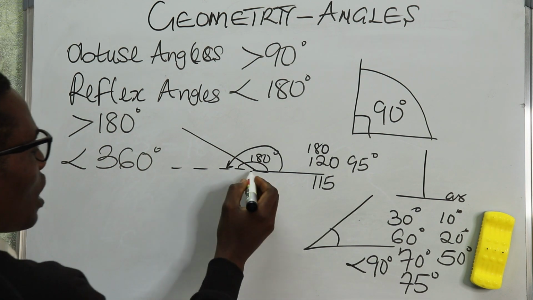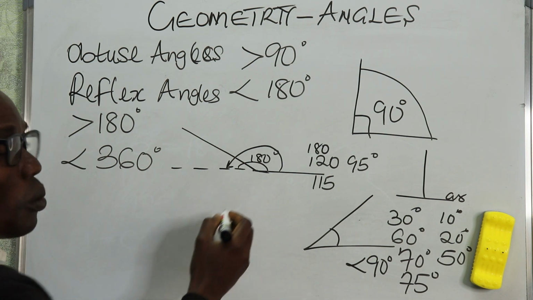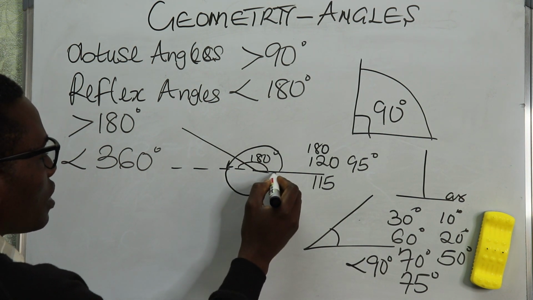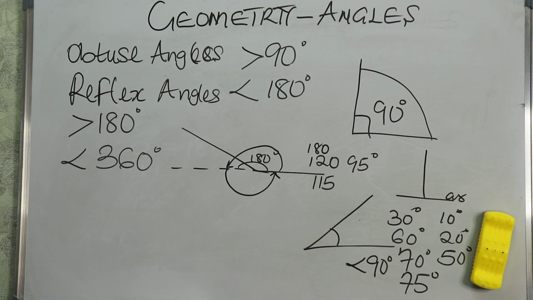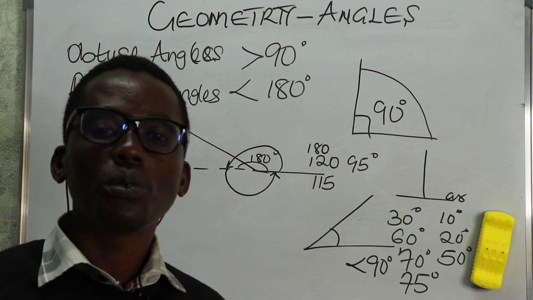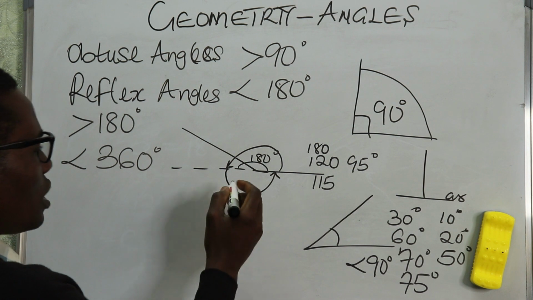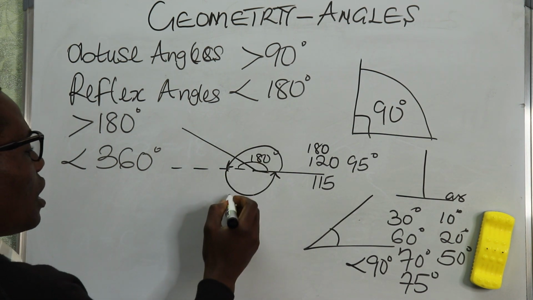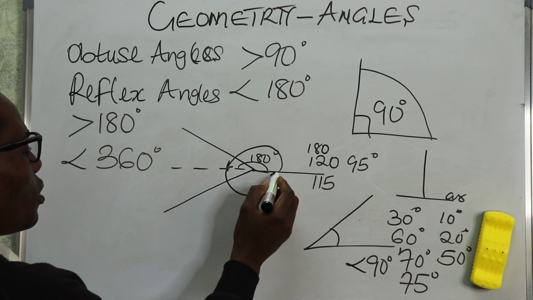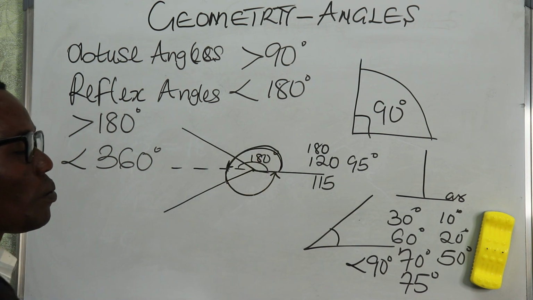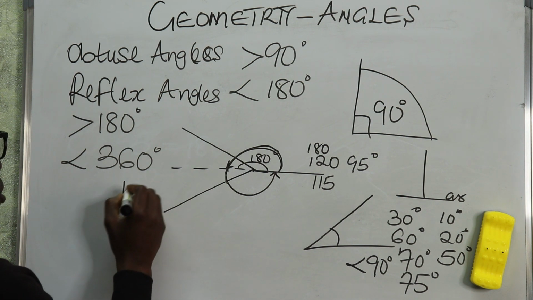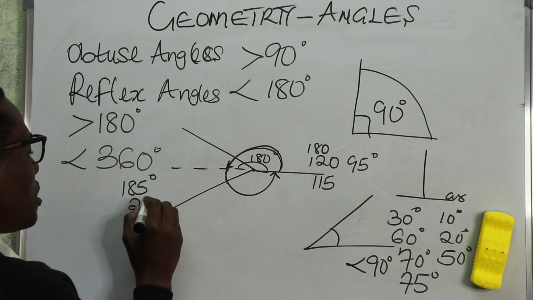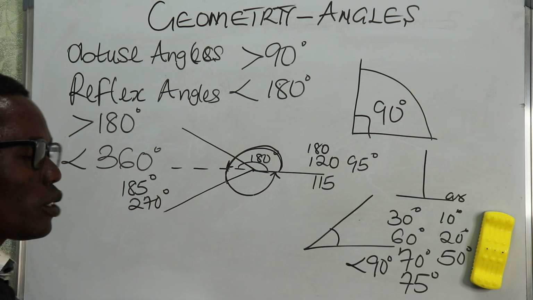Any angle that falls from this part to this part is called a reflex angle. All these angles that fall from here to this part are reflex angles. So angle 185 is a reflex angle, angle 270 is a reflex angle, and so on and so forth.